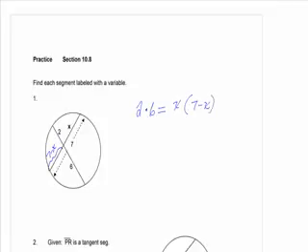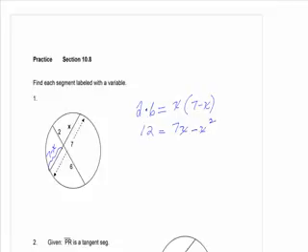You guys see how I set that up? In the chord power theorem, you multiply the pieces of each chord times the pieces or the segments of the other chord. So we have 12 is equal to, distributing, 7x minus x squared. Oh boy, we get to solve a quadratic. Getting you guys ready for Algebra 2. So we have a negative x squared.